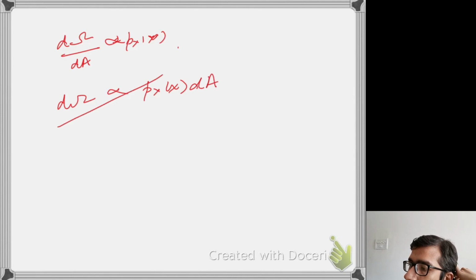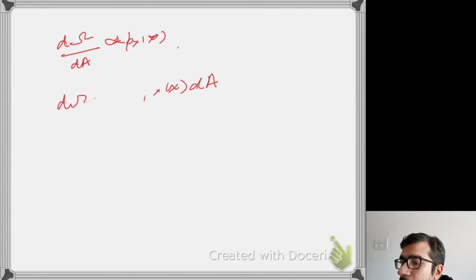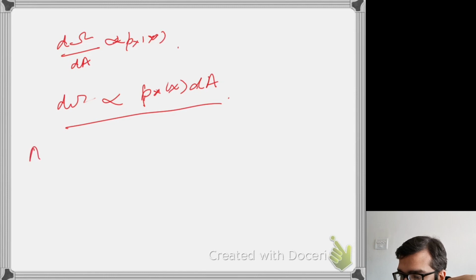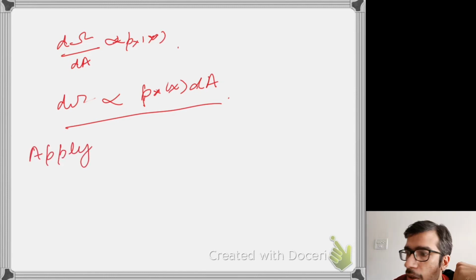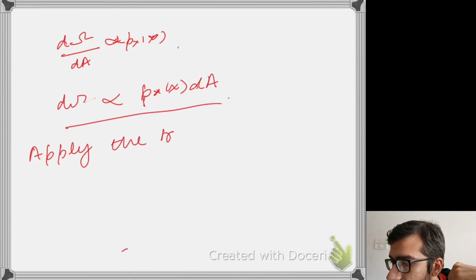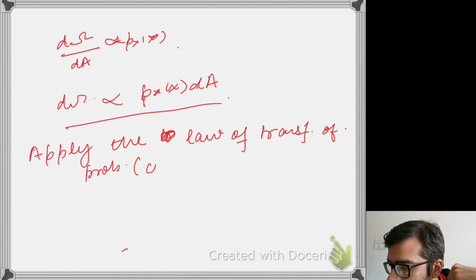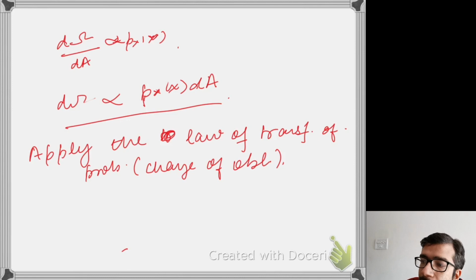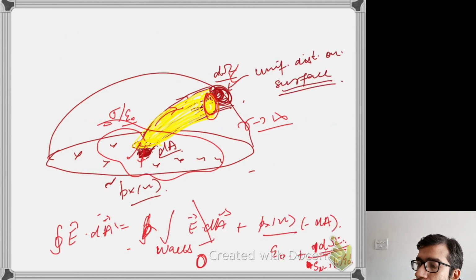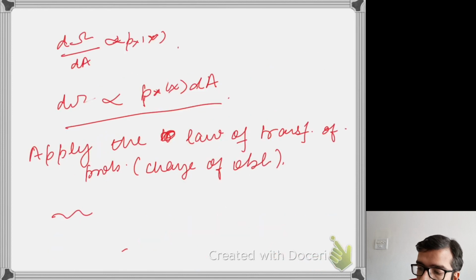And now if you apply the law of transformation of probabilities, basically the change of variables result, what you'll get is that if the original distribution was p(x), then finally you have a uniform distribution over the surface.